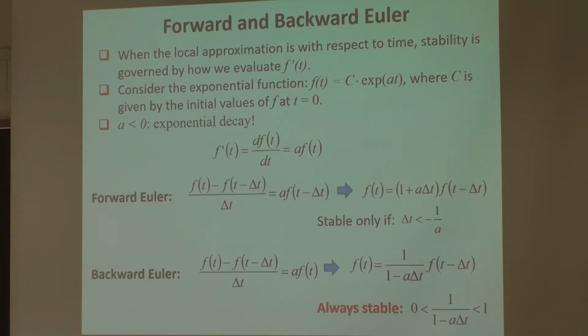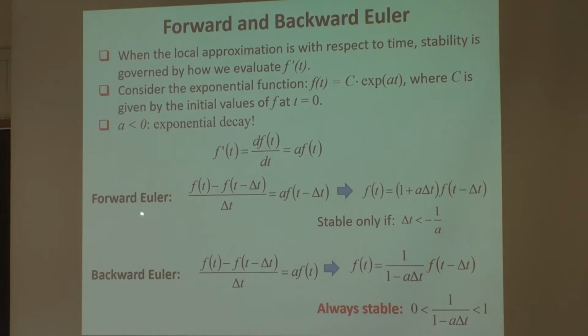So you can immediately see I can use a first order approximation to approximate this derivative. This is very familiar; you probably have seen it in your calculus class. This is called forward Euler. The only difference is what I use to evaluate the slope, which is the present f.